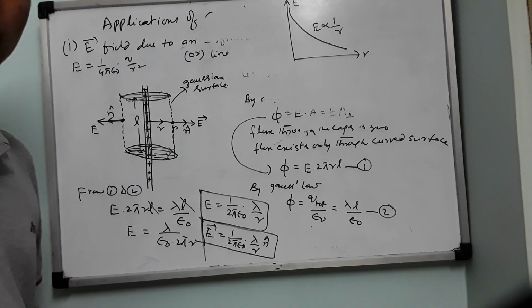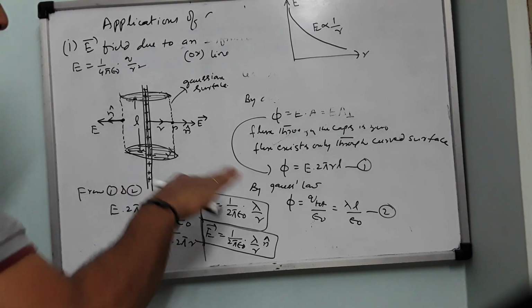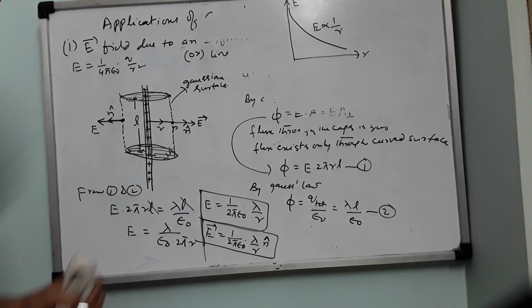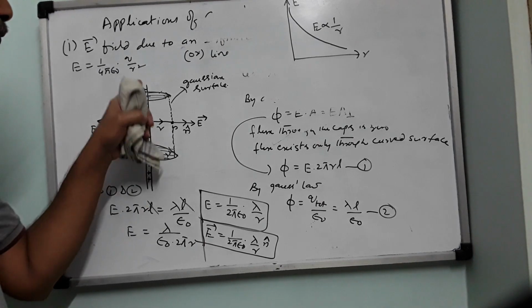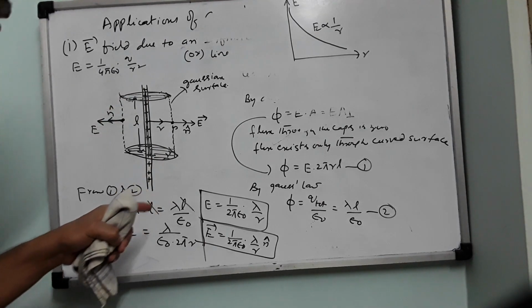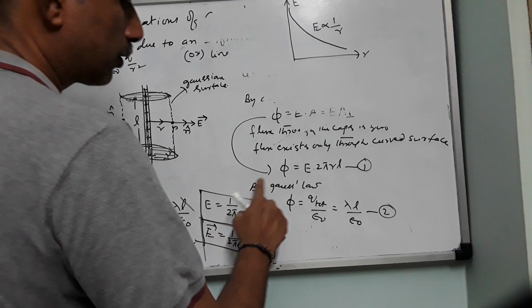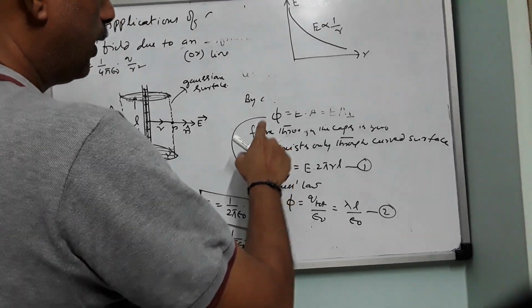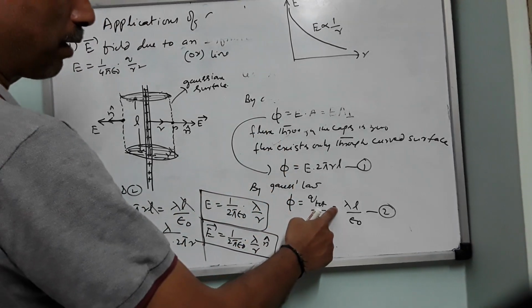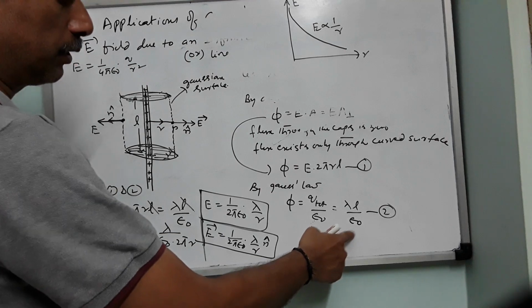For 2 marks also they break the answer and ask. Calculate the flux produced by a line of charge. Then you have to do only up to this. Phi equals lambda L by epsilon naught. This is the flux.